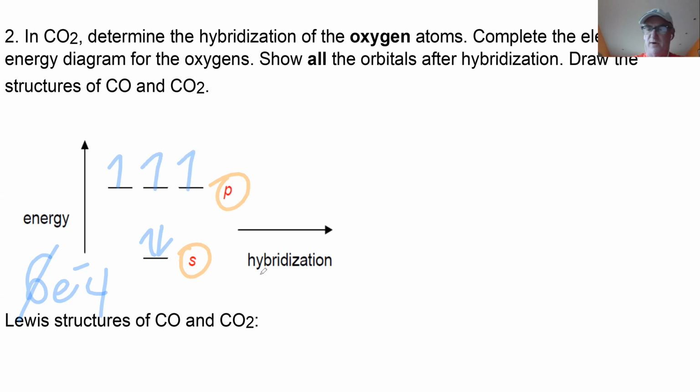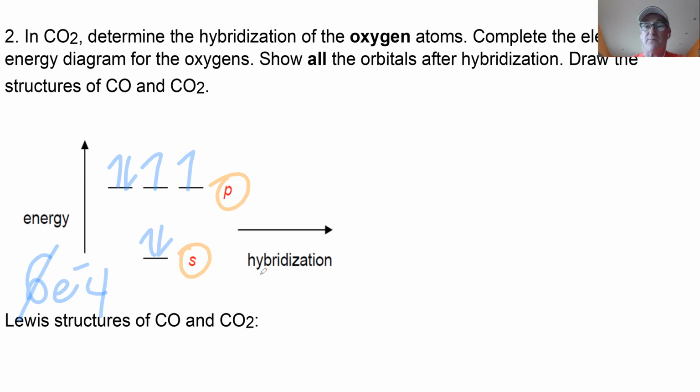Where's the 4th one go? Let's put it anywhere. Yeah, I'll just put it here. Right. So that's the situation in the unhybridized oxygen. Oxygen is hanging out by itself, looking for a partner, aren't we all? And so it has its electrons like this.